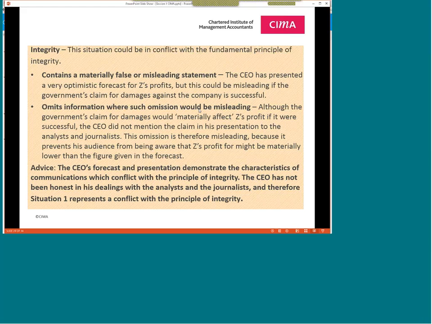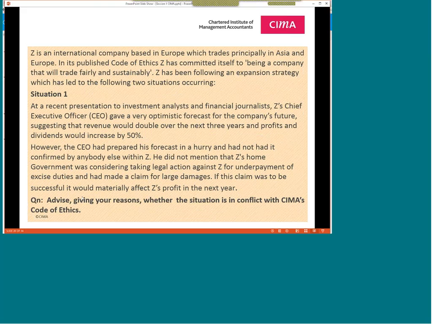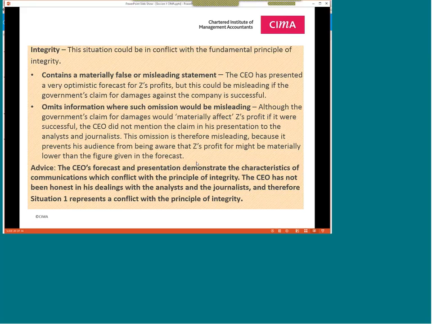Because you have been asked, you also need to be careful that you need to advise and give reasons. This is just giving the reason why integrity is an issue here, and then advise. The CEO forecast and presentation demonstrate the characteristics of communications which conflict with the principle of integrity. So this is your advice, where you think this particular CEO is violating the code of conduct.